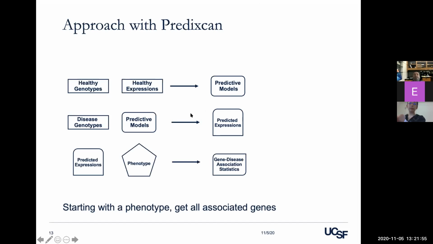Basically, we take predicted expressions and phenotypes, so has schizophrenia, non-schizophrenia, and we test for each gene whether expression differences in that gene have an association with schizophrenia, or again, any trait of interest. This is a technical detail, but if you have GWAS results, so genetic association results, you can skip some of this part.